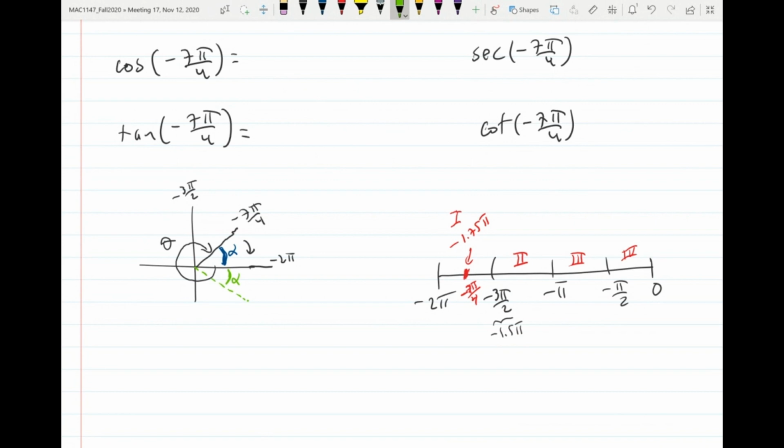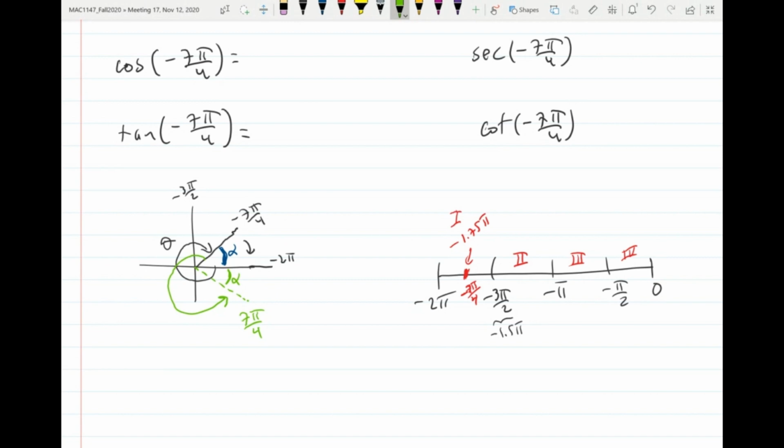Remember, flipping the picture just means that if your angle was negative, you make it positive. So now this green angle here is positive 7 pi over 4. Do you understand this? I'm just flipping the picture. Do you guys see this?